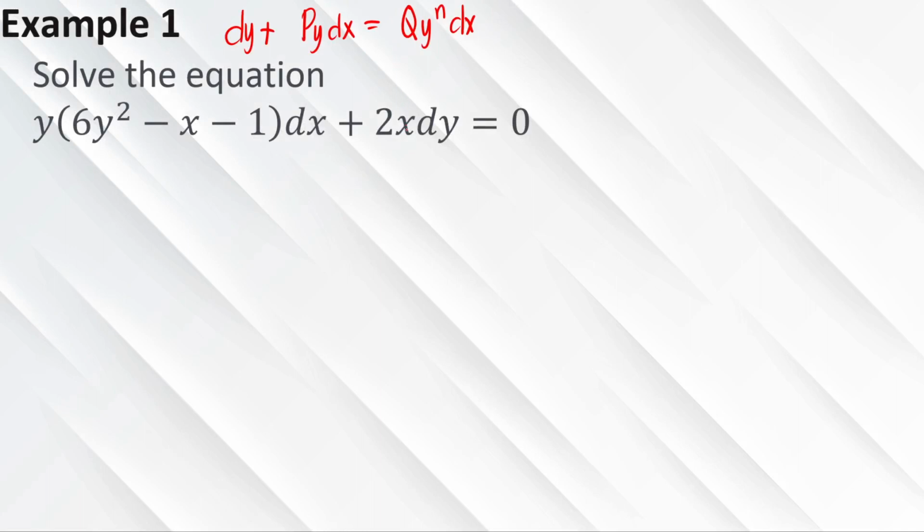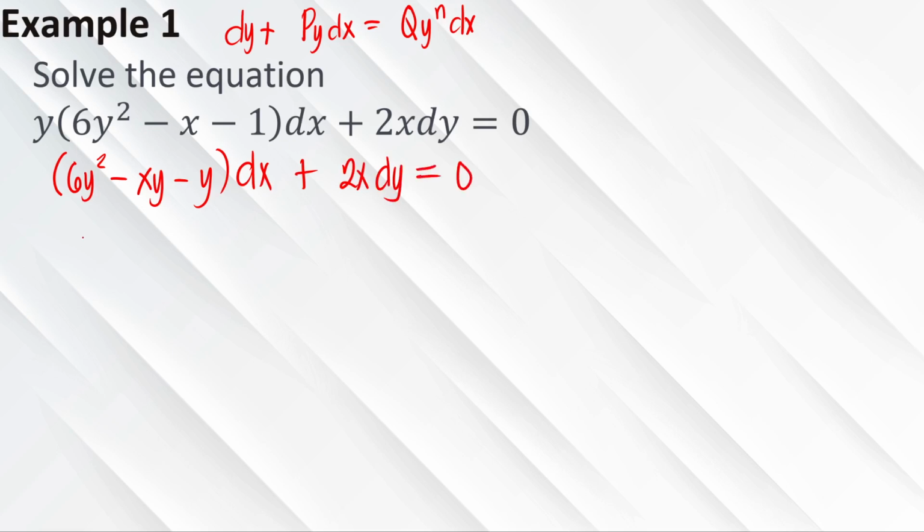So, basically, dahan-dahanin na lang natin, i-distribute natin muna lahat, and then we regroup lahat ng may dx and dy para mas malinaw. So first, I will distribute y: 6y squared minus xy minus y dx plus 2x dy equals 0.